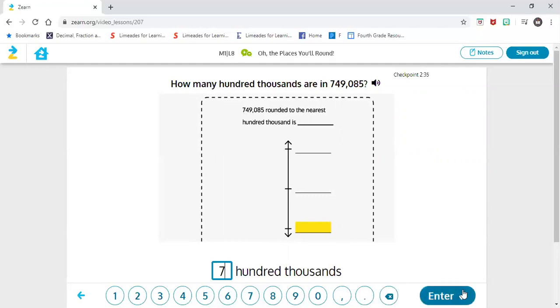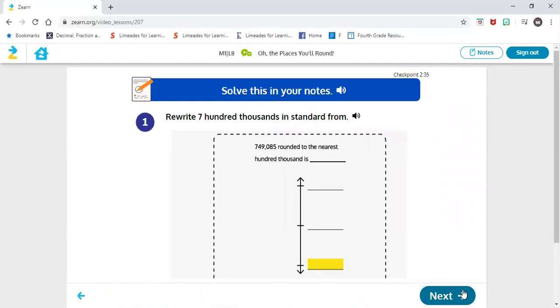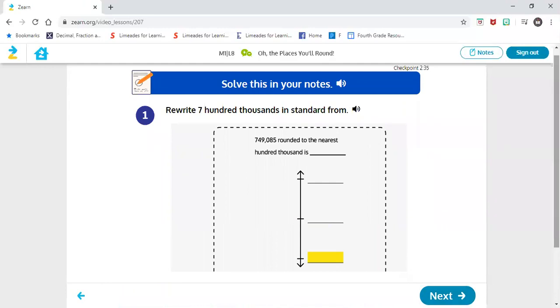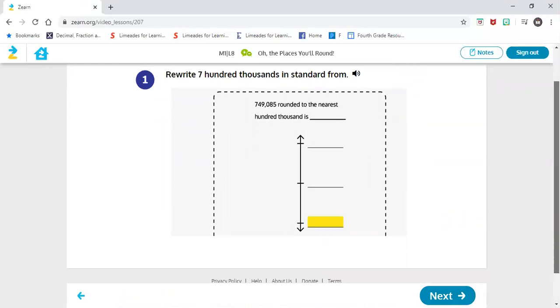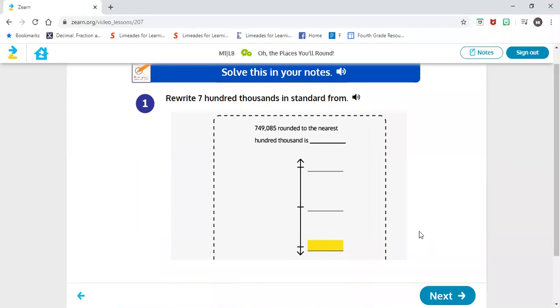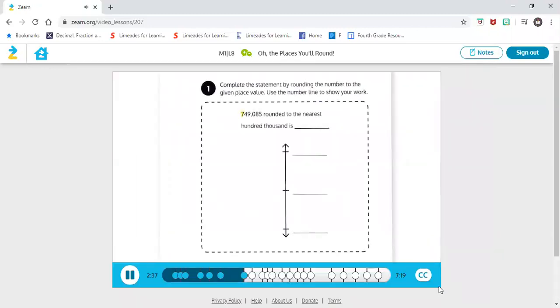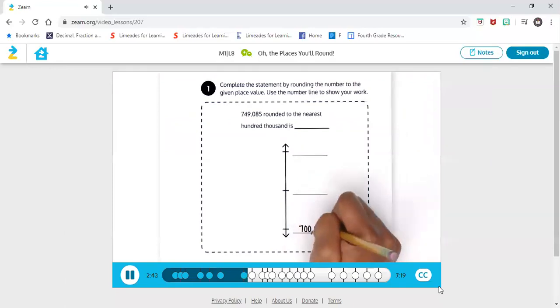So my lower number is going to be 700,000. Okay, so you can pause right here and write in your 700,000 in standard form. Okay, we're back. There are 7 100,000s in 749,085, which is equal to 700,000.